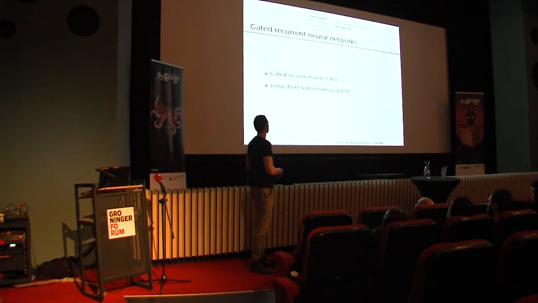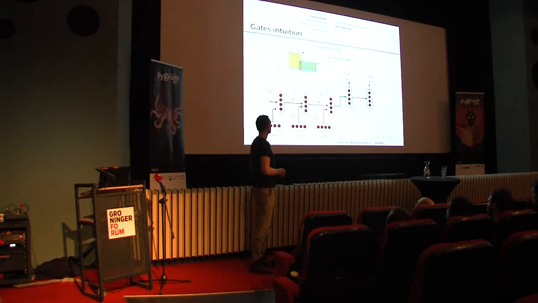And you have the gated recurrent units and LSTMs, which are the long short-term memory. They are basically the same. They use gates. To give you an intuition, because the concept is very simple, they have that summary, which I just discussed, and they keep passing it through the states.